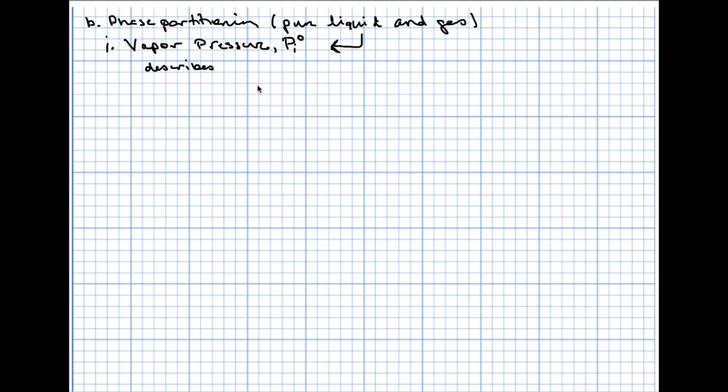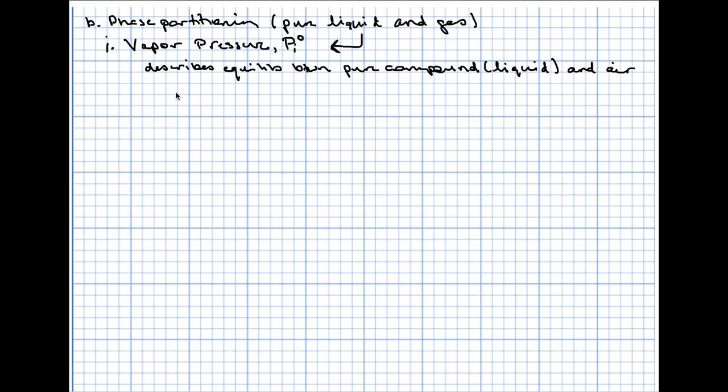Okay, I'm going to be talking about different types of phase partitioning between other states of matter as well. Okay, so the vapor pressure describes the equilibrium between the pure compound, which is the liquid, and the gas, in this case air.